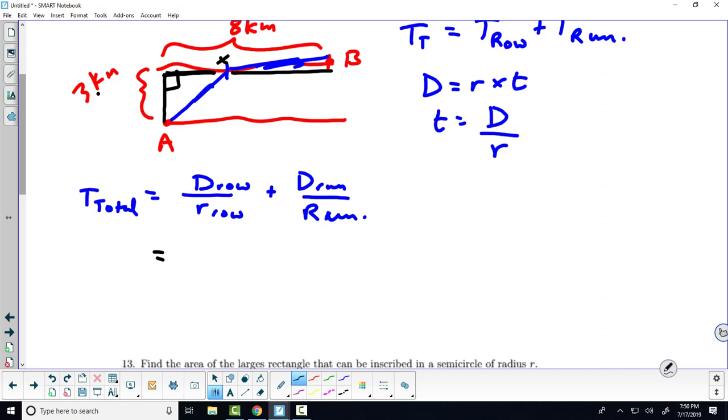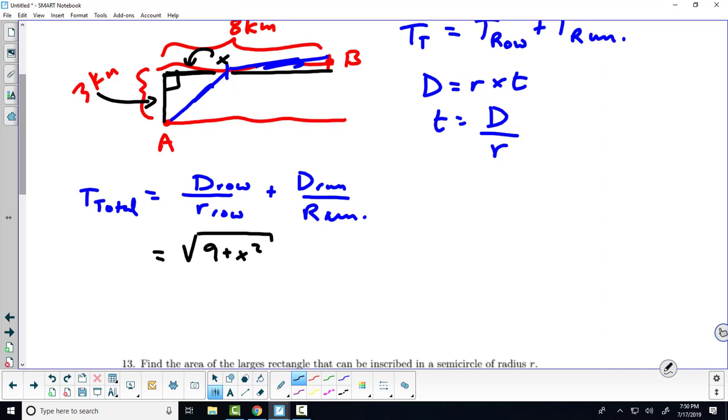And this side of the right triangle is 3, and this side is x. And the distance that you row is the hypotenuse of that right triangle, right? So the distance that you row is the square root of 3 squared plus x squared. That's the distance that you row, the hypotenuse of that triangle. Everyone okay with that?